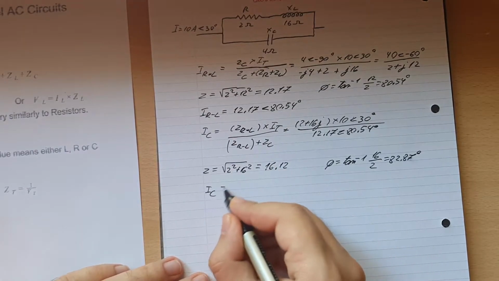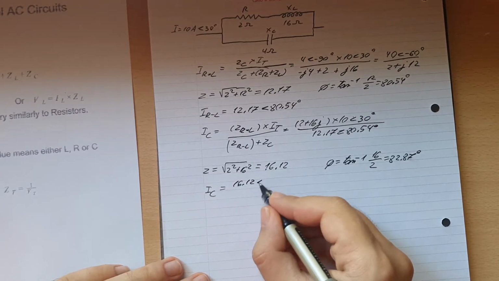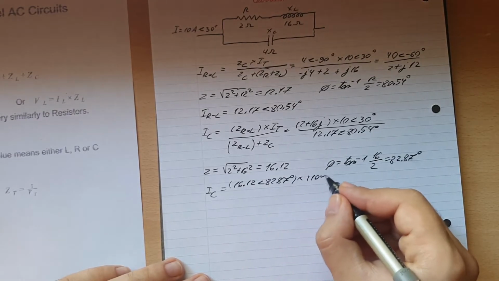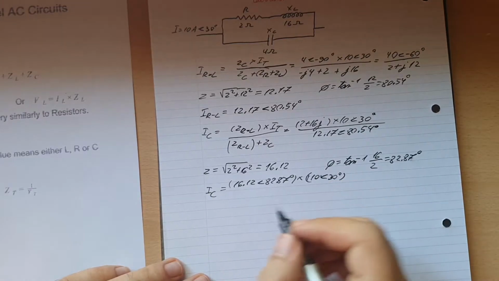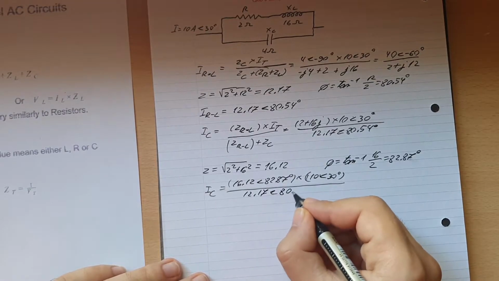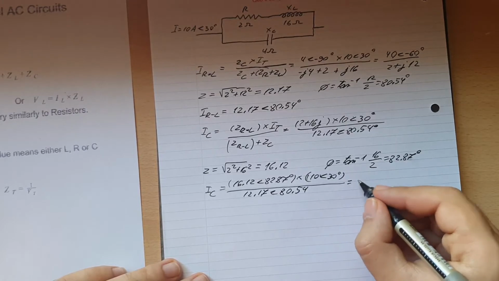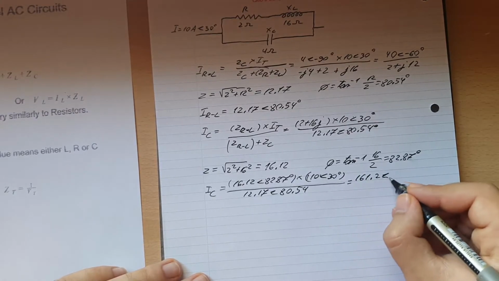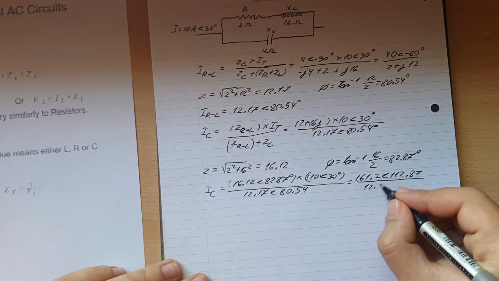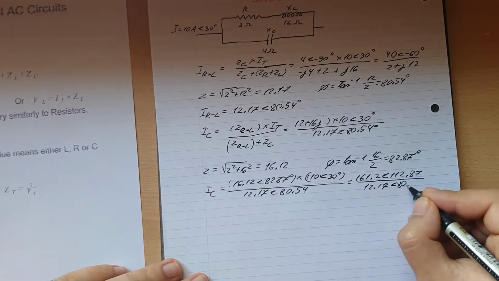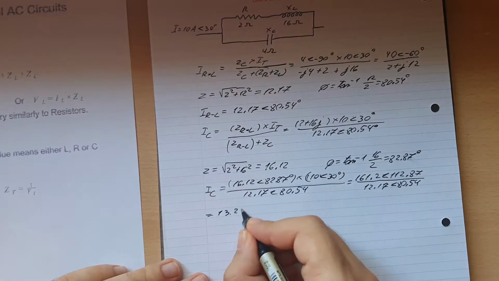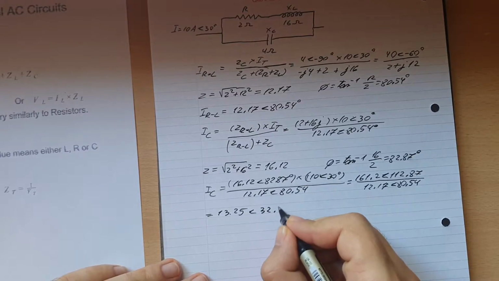So that would be IC equal to 16.12 at an angle of 82.87 degrees multiplied by 10 at an angle of 30 degrees, all divided by 12.17 at an angle of 80.54, and that will be equal to 161.2 at an angle of 112.87, all divided by 12.17 at an angle of 80.54, and then these will be equal to 13.25 at an angle of 32.33.